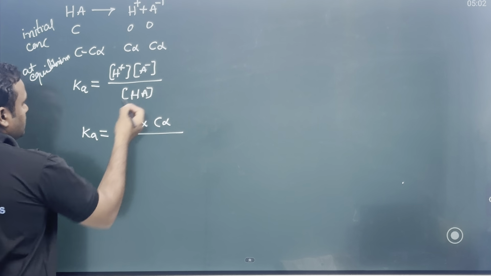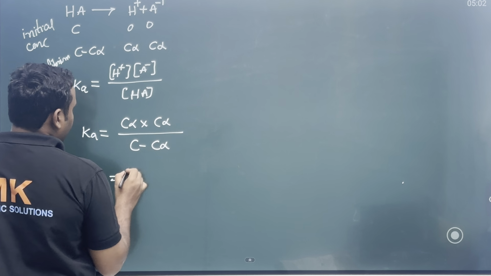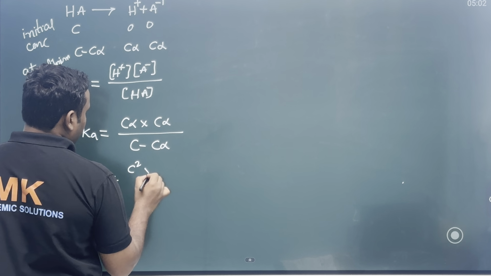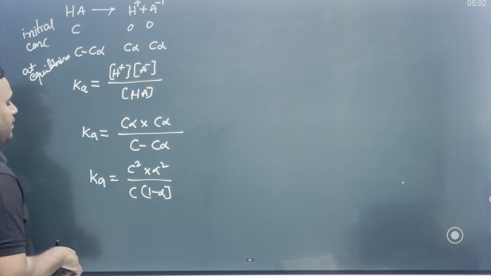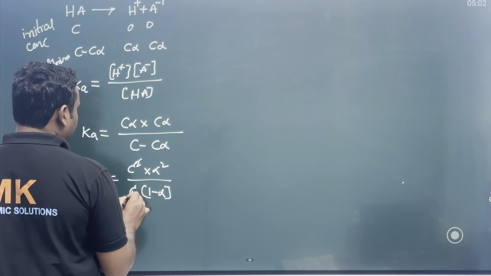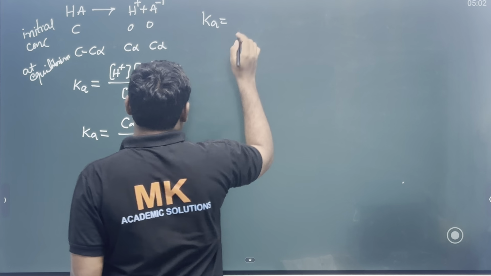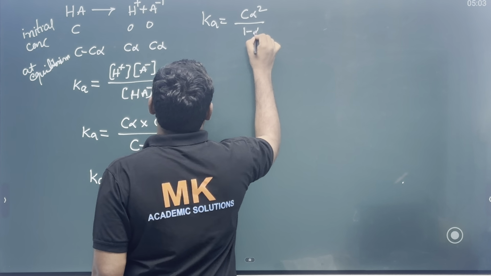So Ka is equal to C square alpha square by C into 1 minus alpha, taking C common. Here C square and C get cancelled, so Ka is equal to C alpha square by 1 minus alpha.